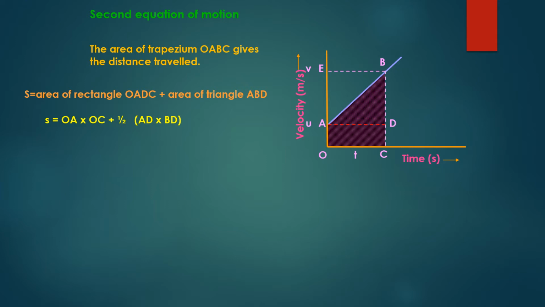Now we will write down the formula for the area. Area of rectangle is length into breadth, whereas area of triangle is half into base into altitude. So total distance is written as area of rectangle, which is OA into OC, plus area of triangle, half into AD into BD.